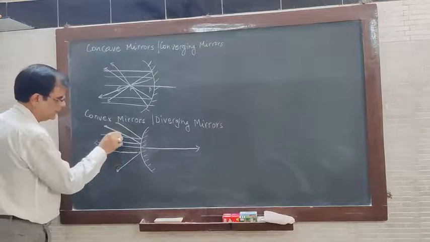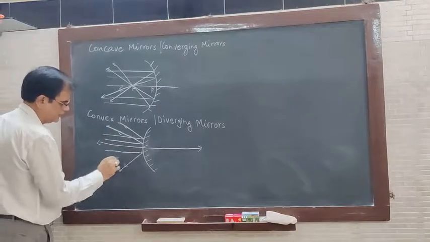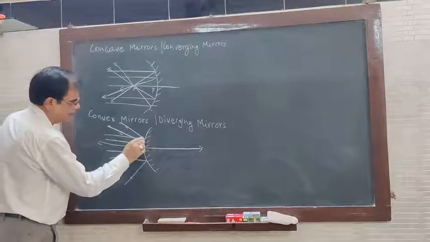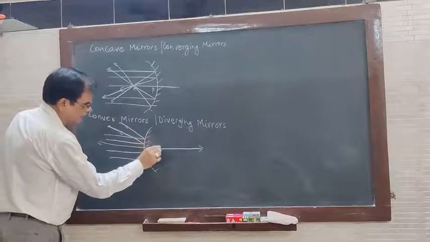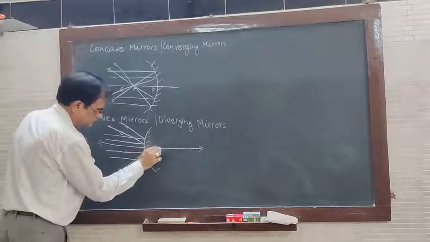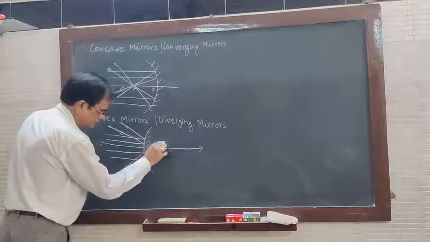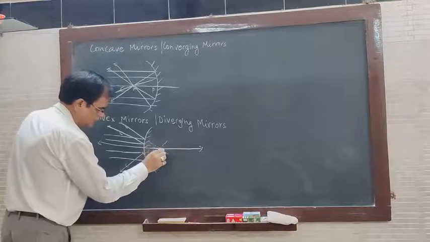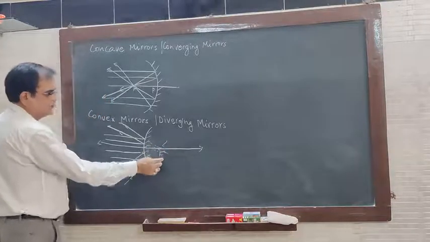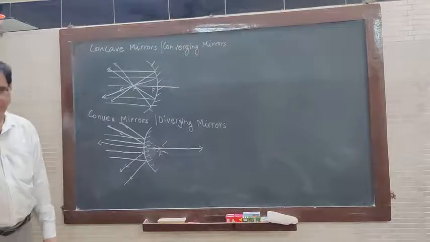The rays get deviated, and when you take this deviation behind, they come and meet over here. So the focus point is over here. So these are called diverging mirrors.